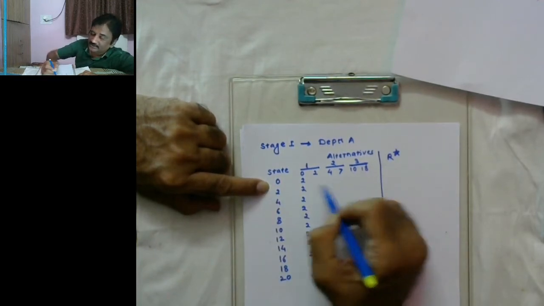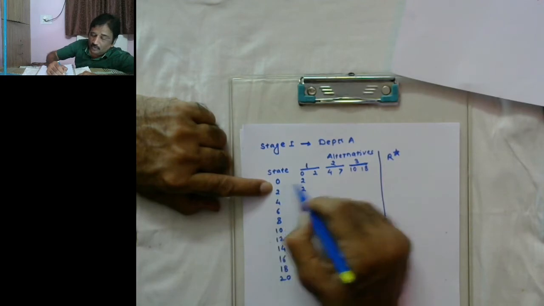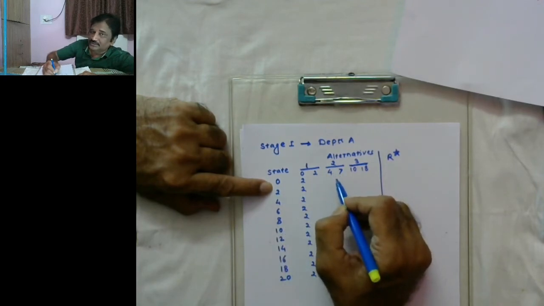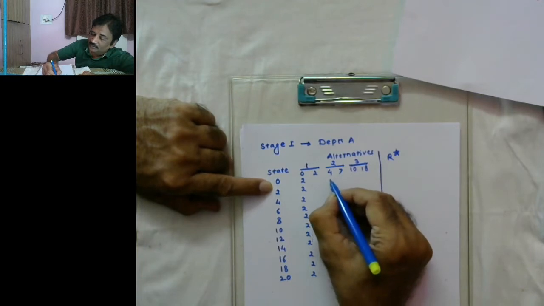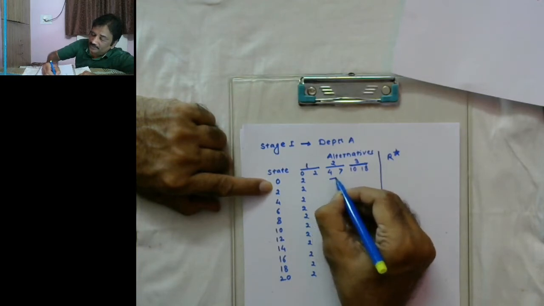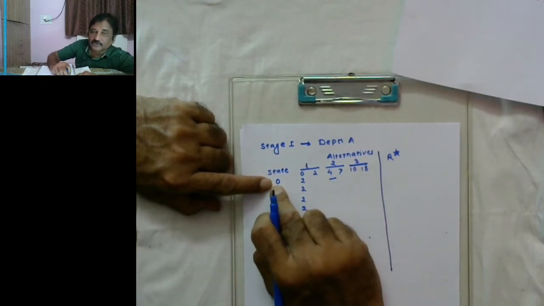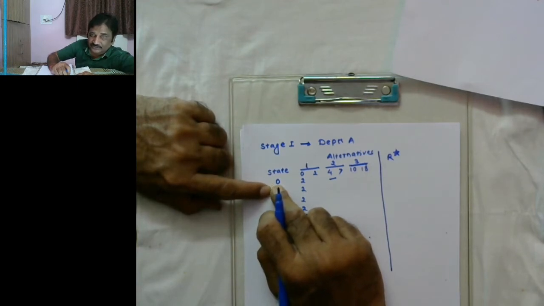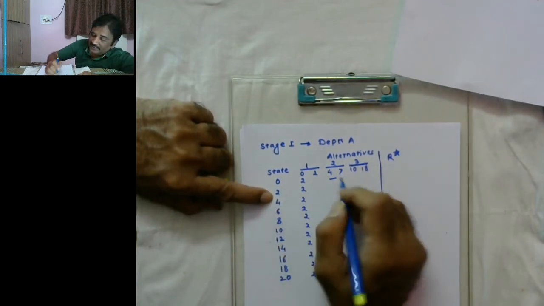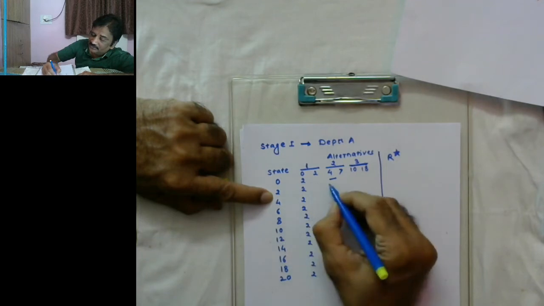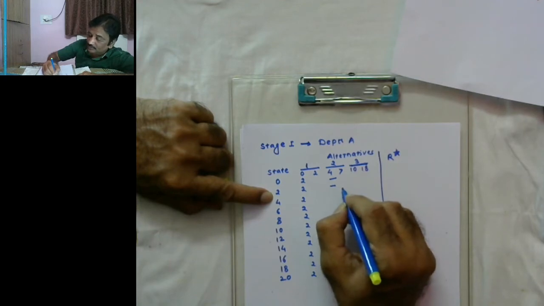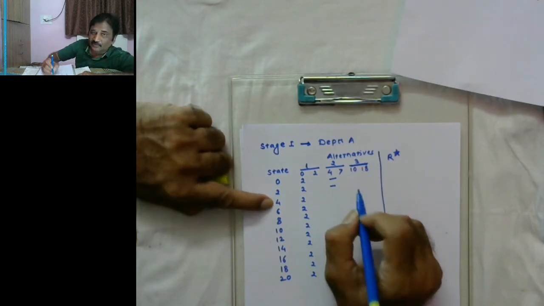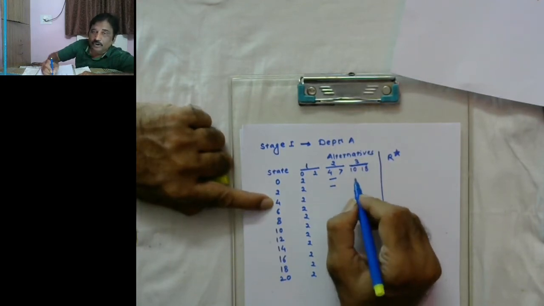Now, second alternative, when you have 0 crore rupees, you cannot use second alternative because that alternative will be requiring you to have 4 crore rupees, and you are not assuming that you have 4. You are assuming that you have 0 crore rupees. You are assuming that you are having 2 crore rupees. So second alternative is also not available to you because that is available only if you have 4 crore or more.